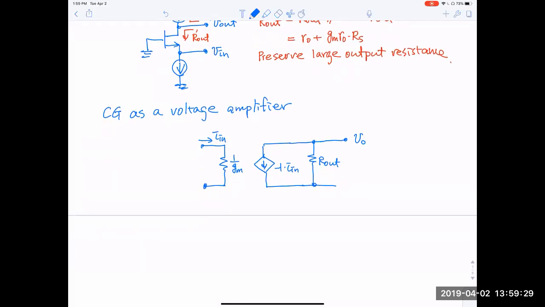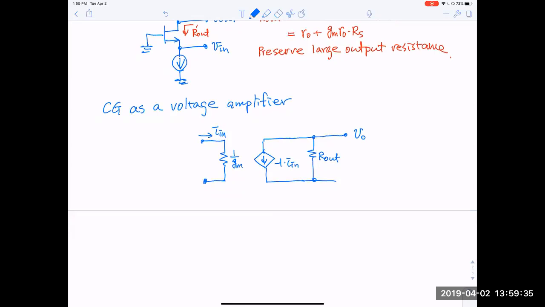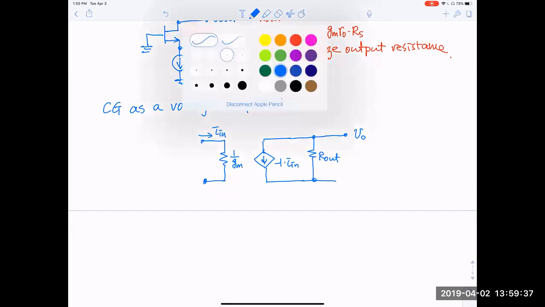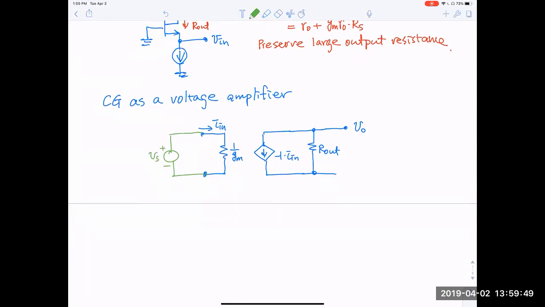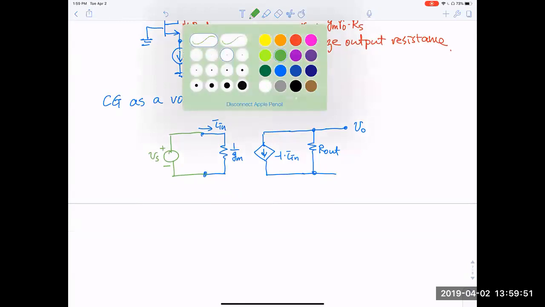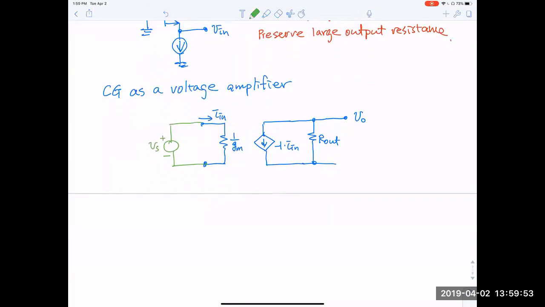And we will be connecting a voltage source. If we ignore the source resistance, we will have basically Vs here, the source voltage. So the input voltage is equal to Vs, and now we'll figure out the output.